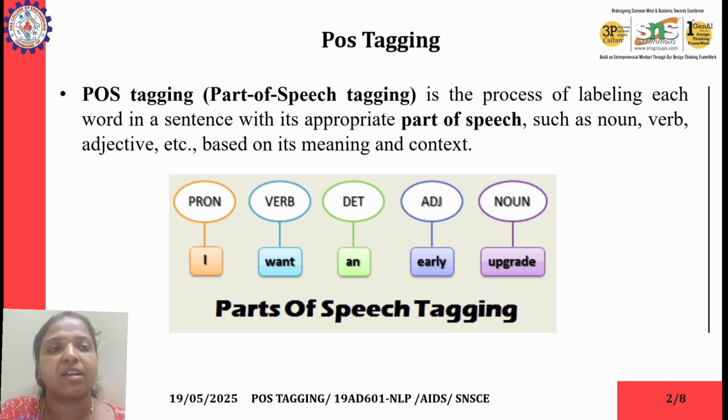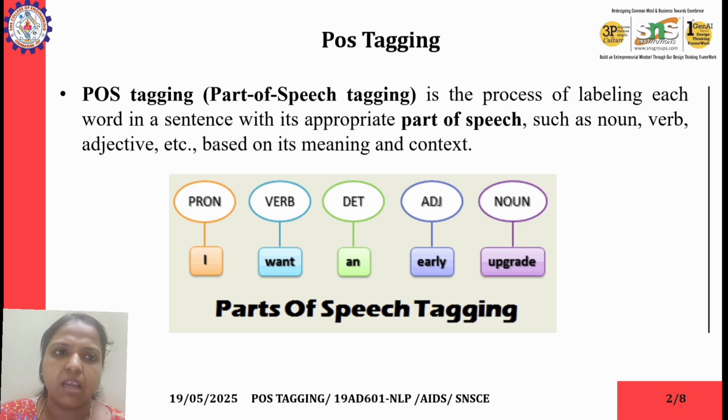Why do we need this categorizing? If you want to understand the structure of the sentence, you need to know the role of each word in the sentence. That is why we are doing POS tagging.